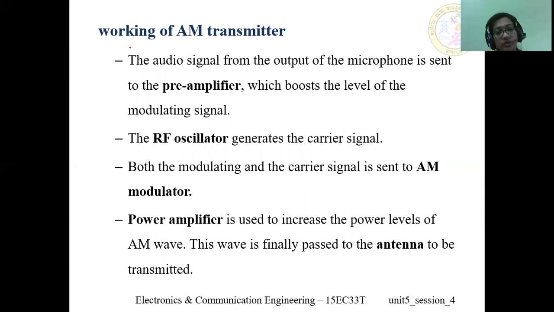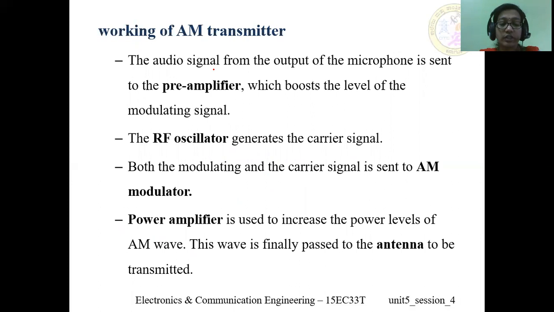Now, how does it work? The audio signal is always a low frequency signal that we are going to amplify. That signal we may get from a microphone. The microphone is a transducer which converts the audio voice signal into an electrical signal, which is pre-amplified for the purpose of boosting the level of the modulating signal.